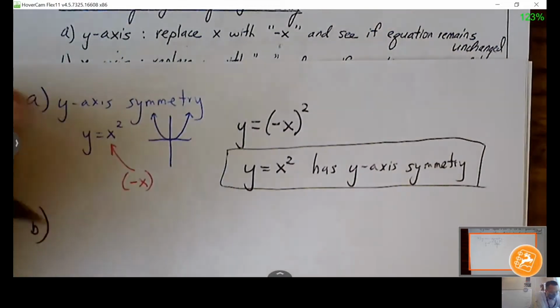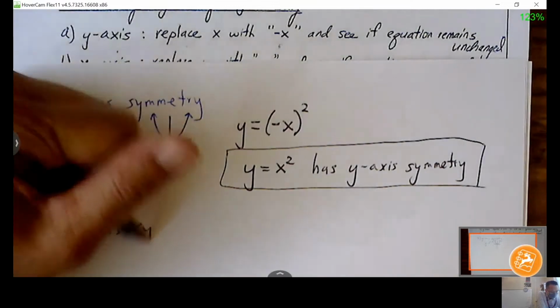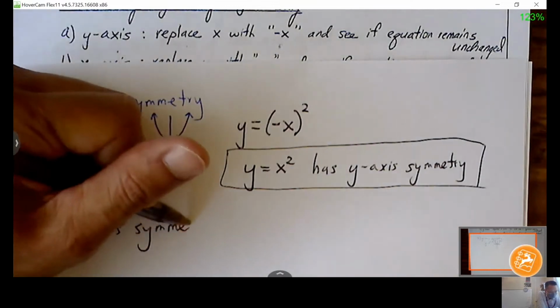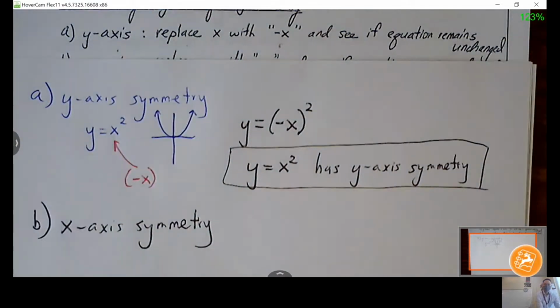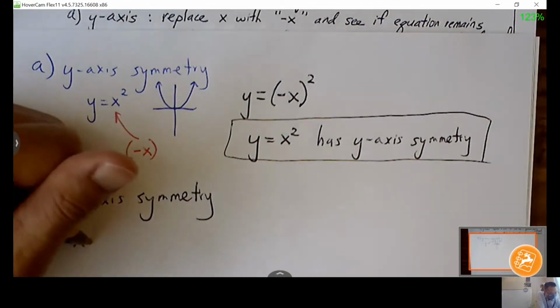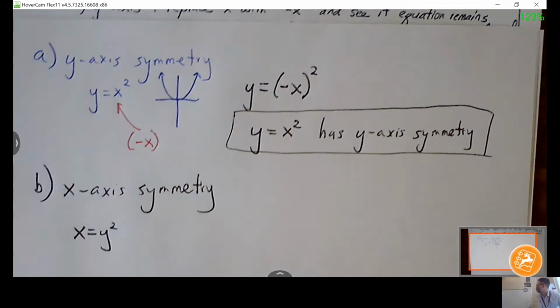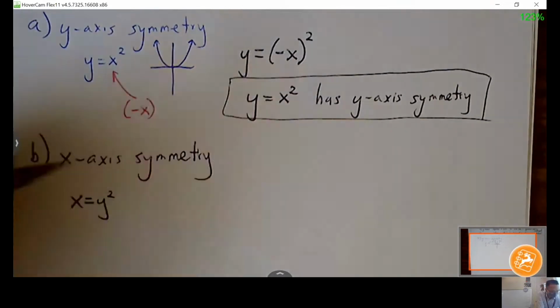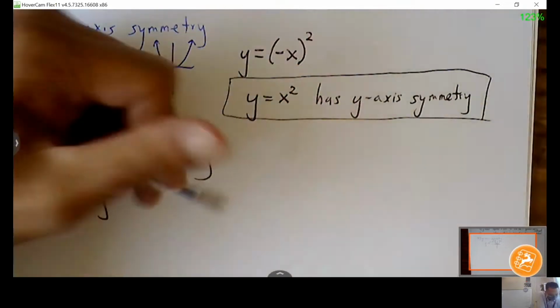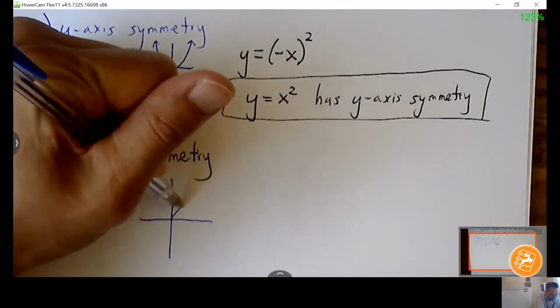An easy example for x-axis symmetry would be x equals y squared. So if I have x equals y squared, you can imagine folding the graph over the x-axis.